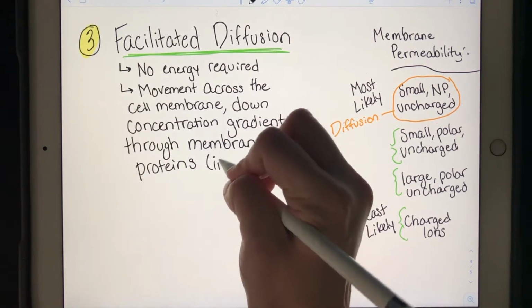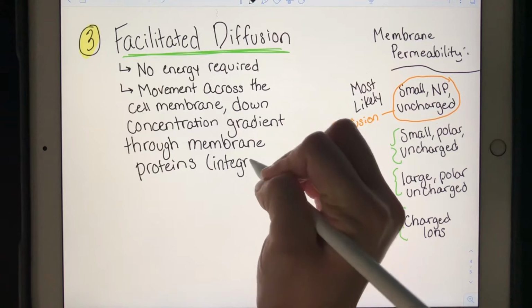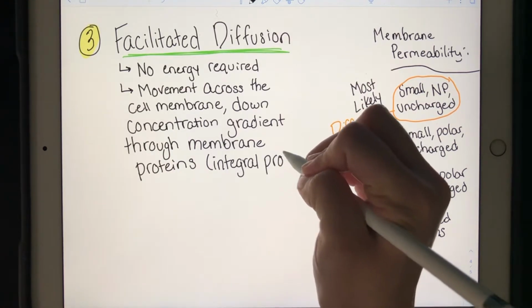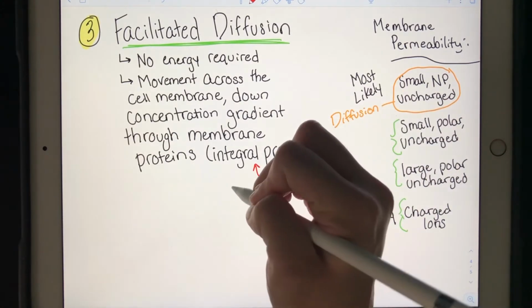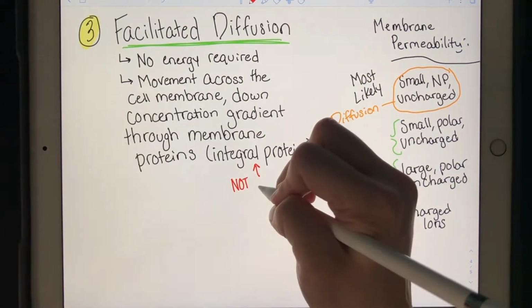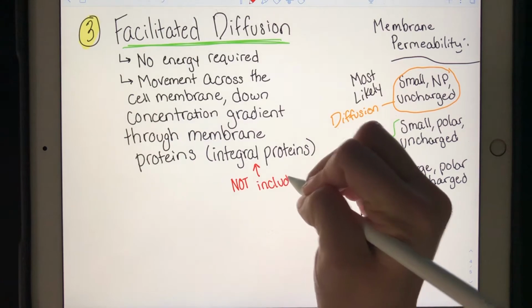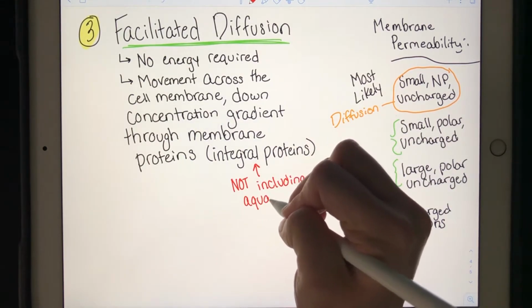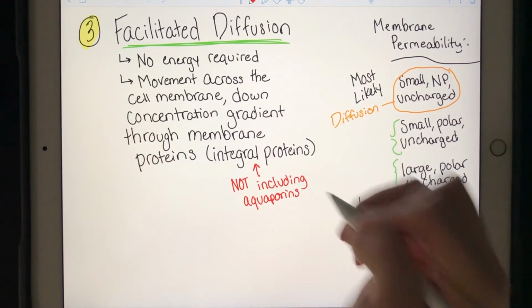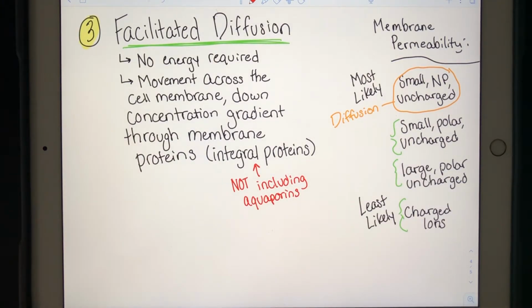And these membrane proteins we call integral proteins. I want us to write down that these integral proteins, we're not going to include aquaporins in that. We're going to exclude water.